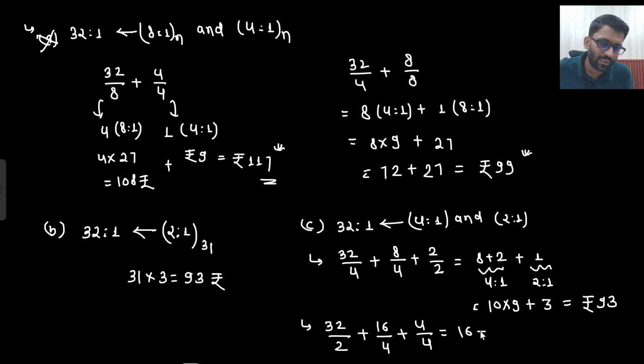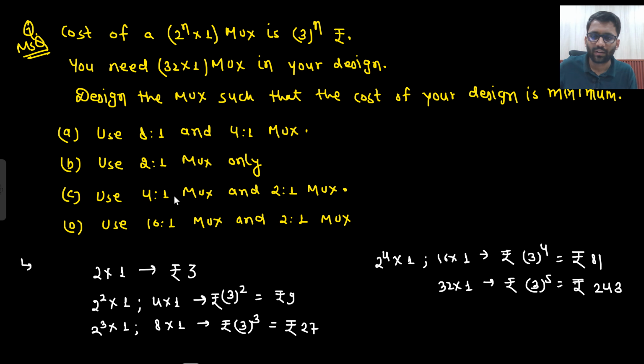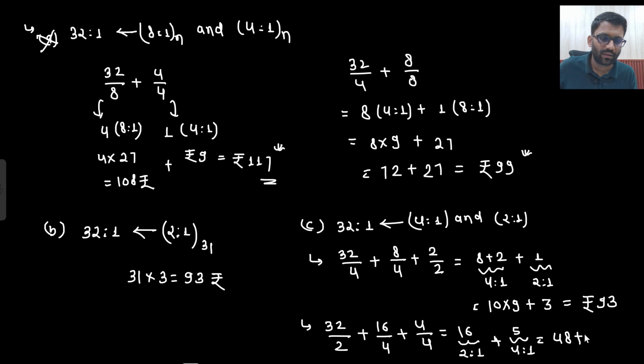So 16 2:1 plus 5 4:1. So 16 into 3, what would that be? 48, plus 5 into 9, 45. So again this is also taking us 93 rupees.